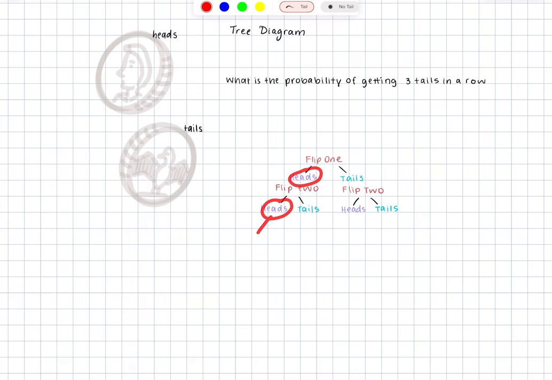Now, from each flip, I can have heads, and then I can have 2 more, or I can have heads, tails, and then either heads or tails. Again, right here, tails, heads, and then again 2 more, heads or tails, and then tails, heads or tails. And that's really what we're trying to show here.